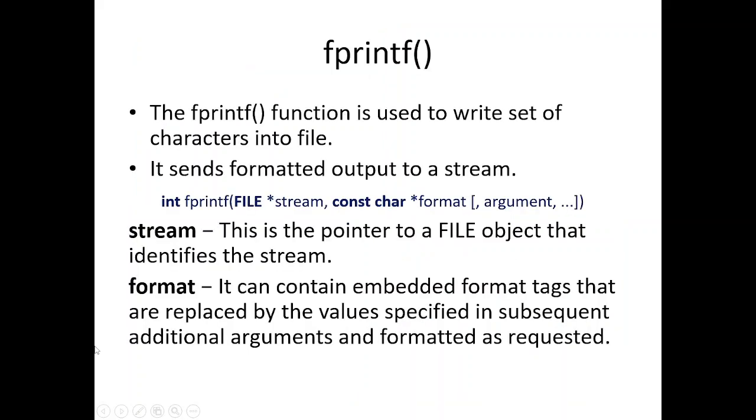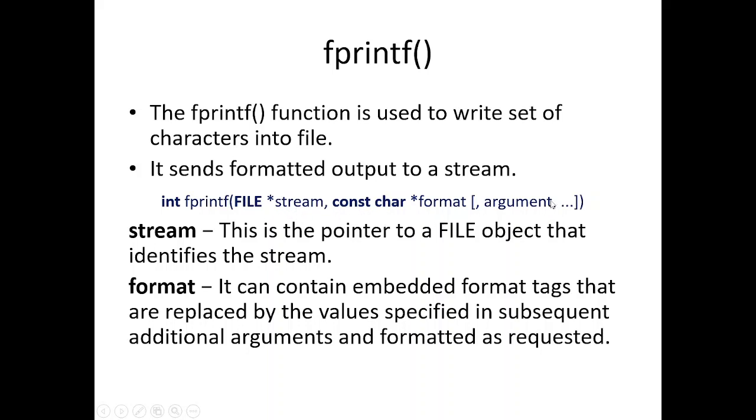The next statement is fprintf, right? So the fprintf function is used to write a set of characters into a file, right? So even fputs also writes some set of characters. So let us see what is the difference here, right? So the prototype is int fprintf. This is the file pointer where we are going to write the content.